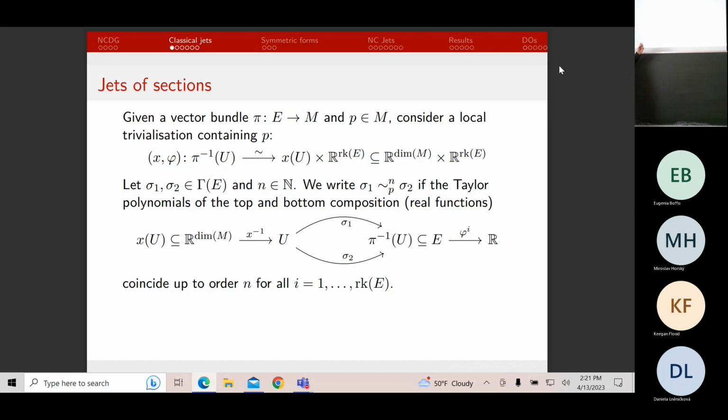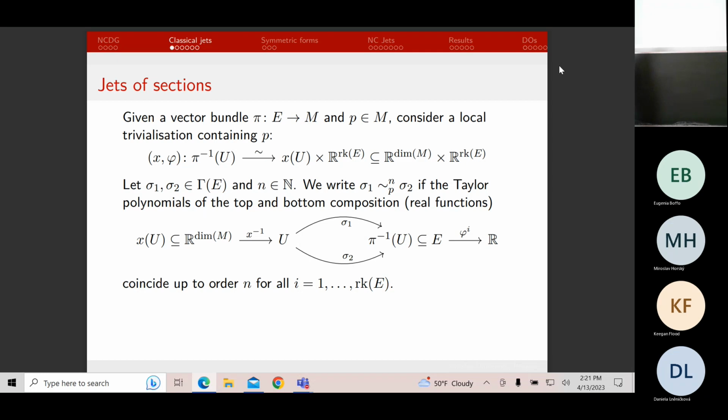Now, using this trivialization, we define an equivalence relation between sections of the bundle E. So first of all, we use the trivialization to transform the information given by sections into real-valued functions. So now it makes sense to compute the Taylor polynomial of these sections, and we say that these two sections are in relation with each other if their nth order Taylor polynomials at the point corresponding to p in R^n agree up to order n.